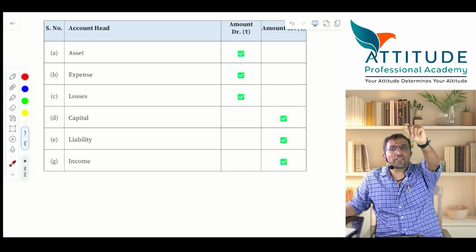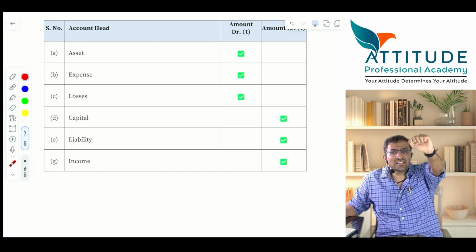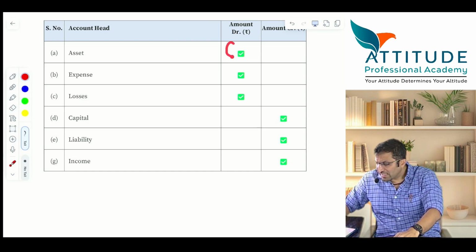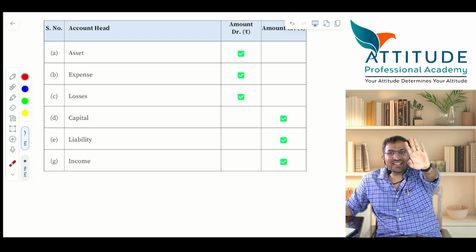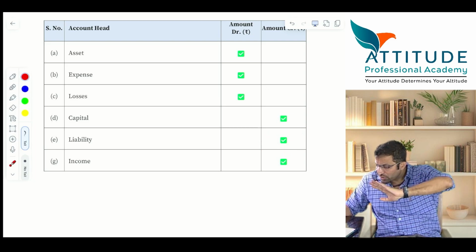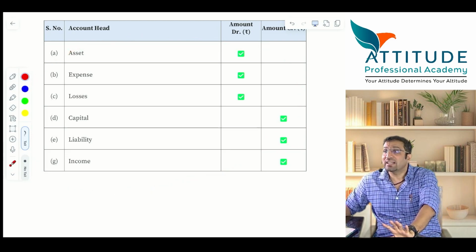Is that clear? Now please answer this. Let me see how many of you can answer. Land and building? Debit balance, because it's an asset. Debtors is an asset, it is a debit balance. Creditors? Liability. Liabilities will show a credit balance. Bank loan? Now are you getting it? So any of the items will fall under these six heads.